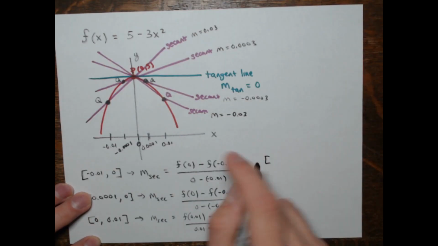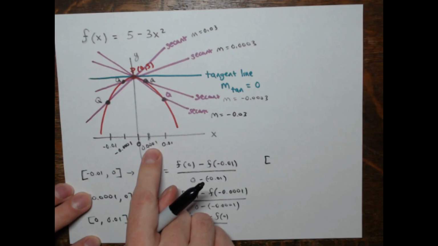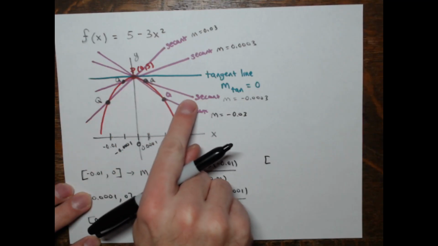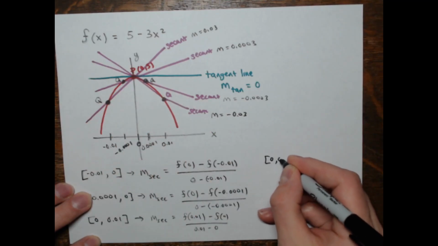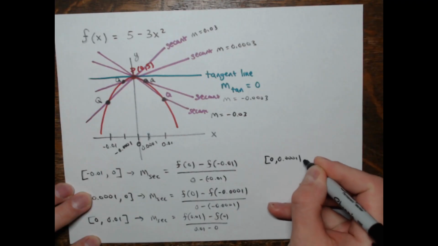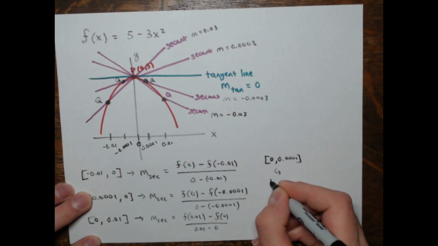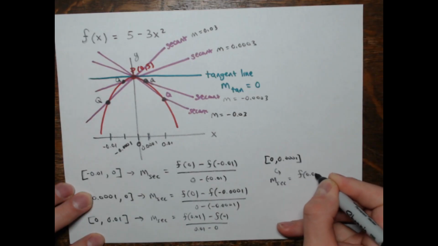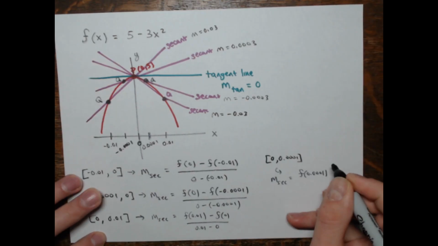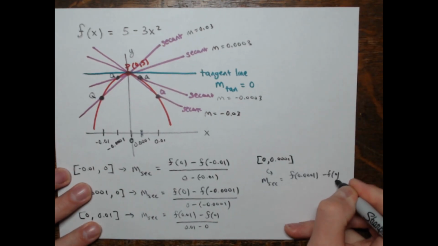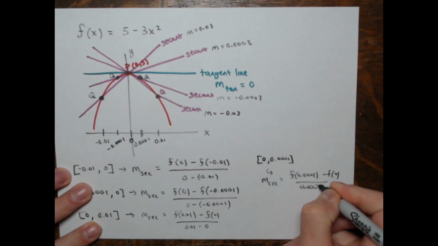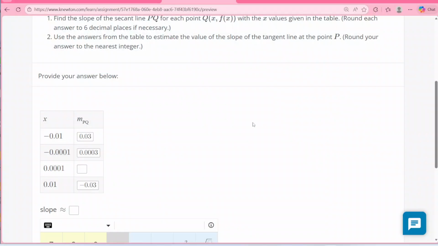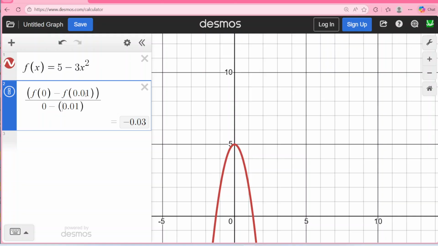All right, because when I go from 0 to 0.0001, this secant line here, the slope of the secant line, I'm going to do f at 0.0001 minus f at 0 divided by 0.0001 minus 0, or switch those, as long as they're taken in the same order.